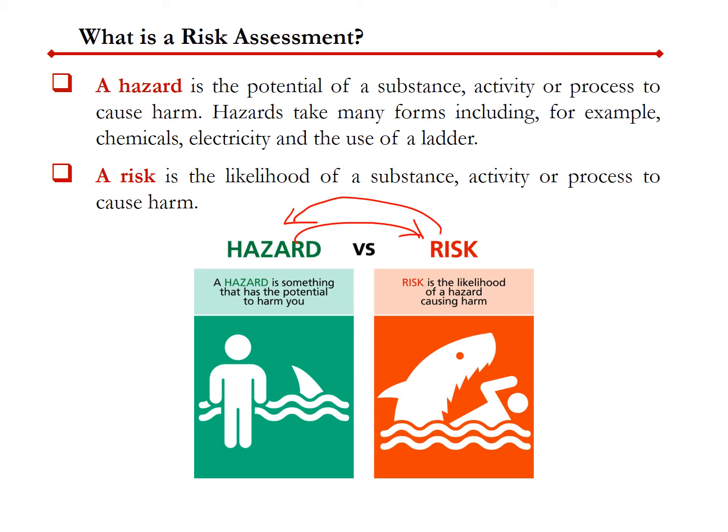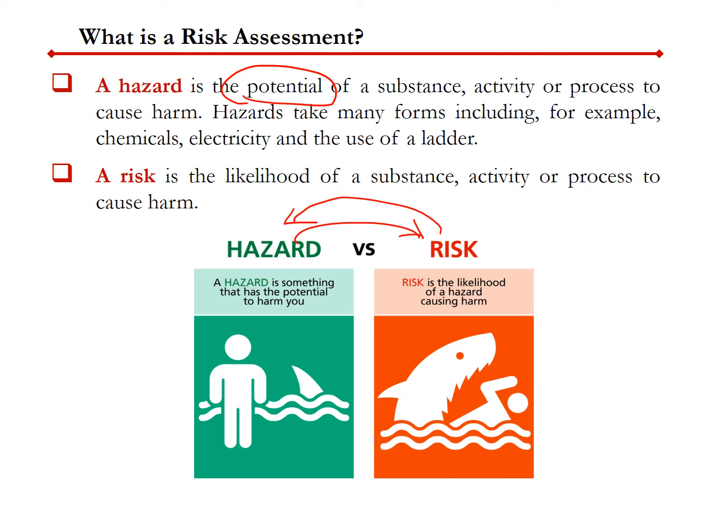Now, it says here that a hazard is the potential of a substance, activity, or process to cause harm. The keyword here is potential. Whatever has the potential to cause harm is called a hazard, and they could be in many forms: chemicals, electricity, use of ladders, or you could say chemical hazards, physical hazards, biological hazards, environmental hazards and things like that.